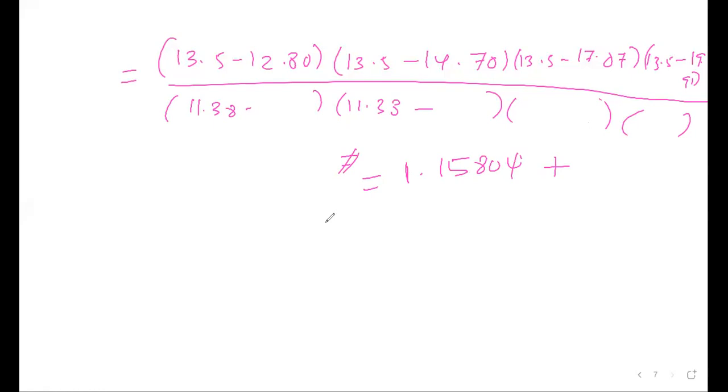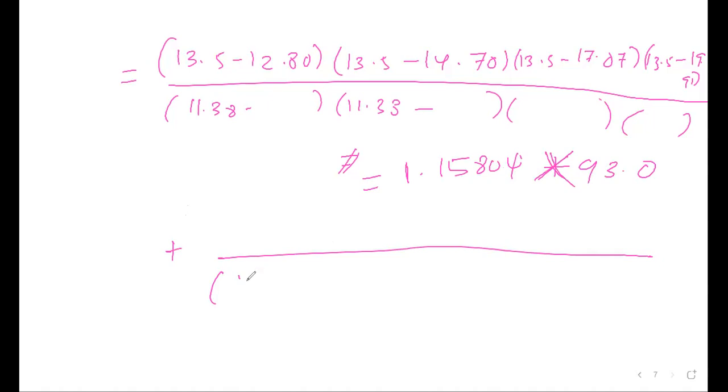Second term: I'm just writing plus this one. I need to avoid the second point, so times 93. For now, don't multiply, just keep it. Here you have to omit 12.80, but here, without that one, we'll have 11.38.